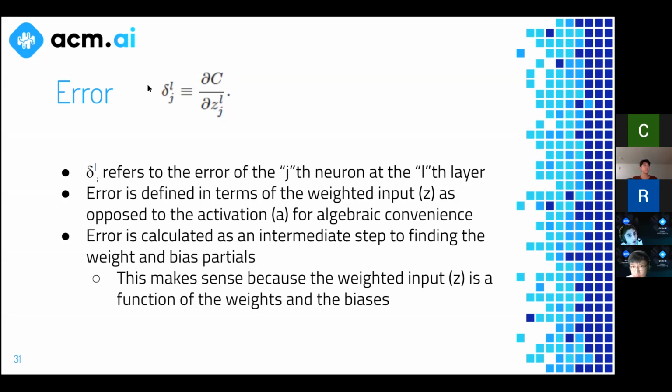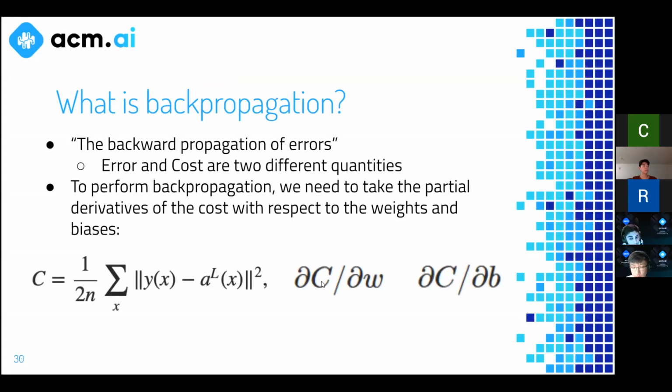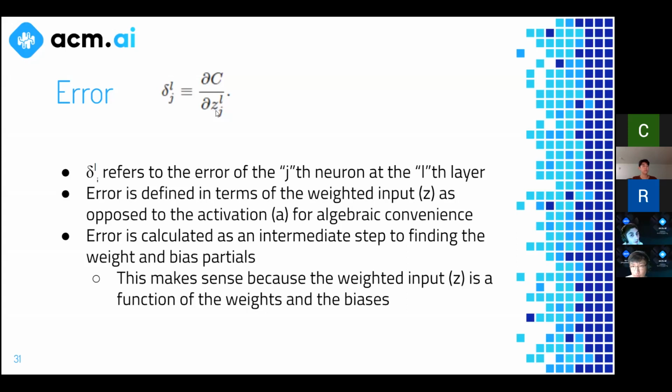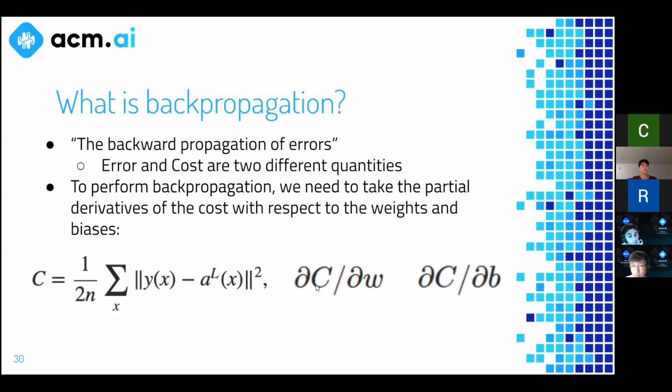And our goal, and you're going to see in a second, is that defining and calculating this specific quantity makes it really easy to find this quantity and this quantity. So if we can compute the partial derivative with respect to this weighted input, it's really easy to compute the partial derivative with respect to the weights and with respect to the bias.